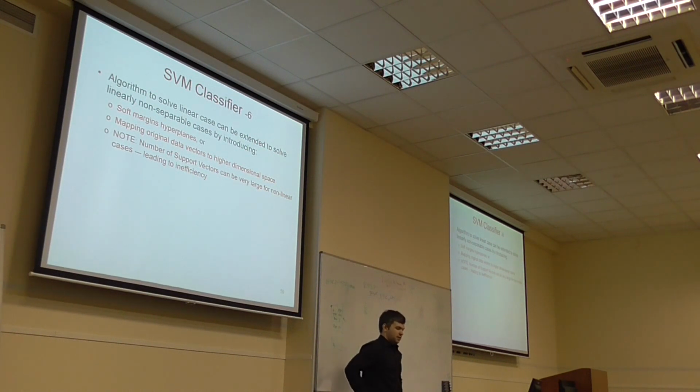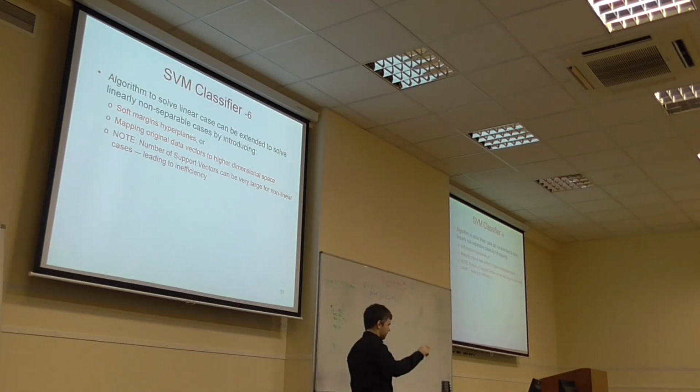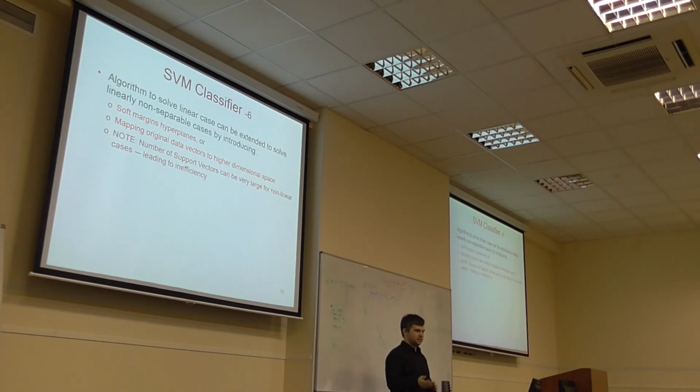This soft margin allows some points to be misclassified, and we estimate the number of points that will be misclassified, and we will also regularize based on this number of misclassified points.